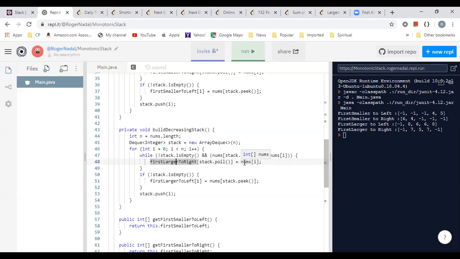If the stack is not empty, then before we add to the stack, we can fill in who is larger to the left. Whoever is on the stack currently is the first larger value, because we are maintaining the decreasing stack.